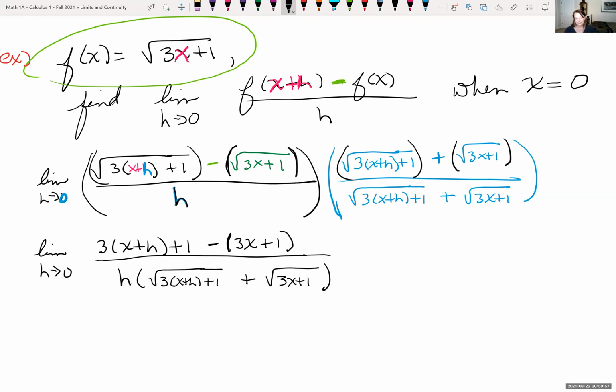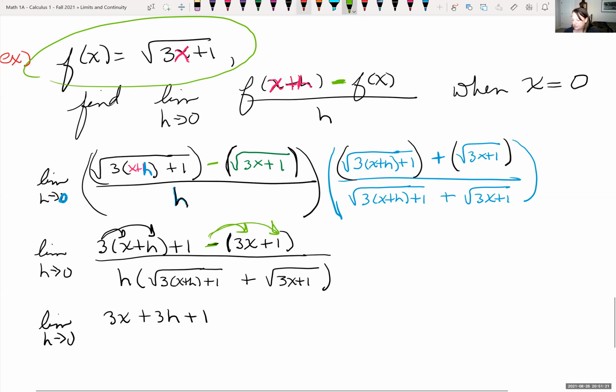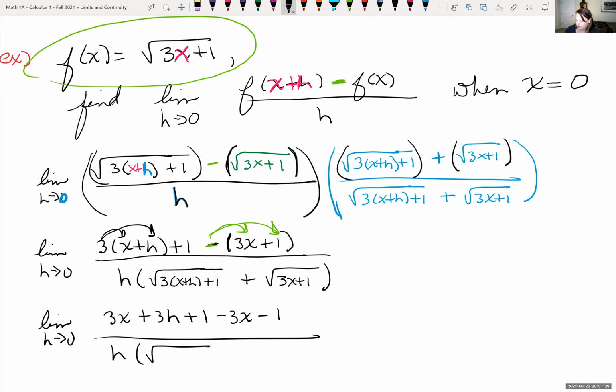So let's simplify our numerator, and things are going to start to cancel out really nicely. Notice when we distribute that 3 inside the parentheses, we get 3x plus 3h plus 1. And let's distribute this negative to each term inside the second parentheses. So that's going to give us minus 3x minus 1, all over h times that parentheses, 3 times x plus h plus 1 plus the square root of 3x plus 1.